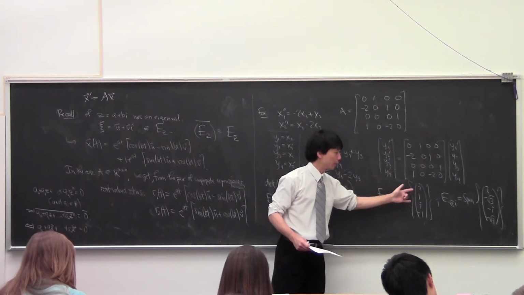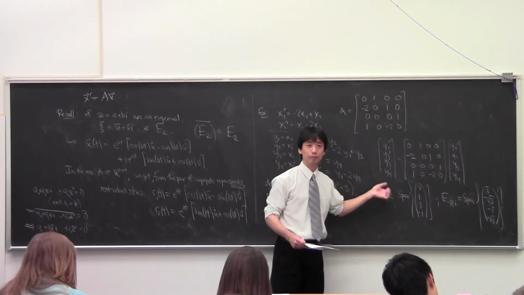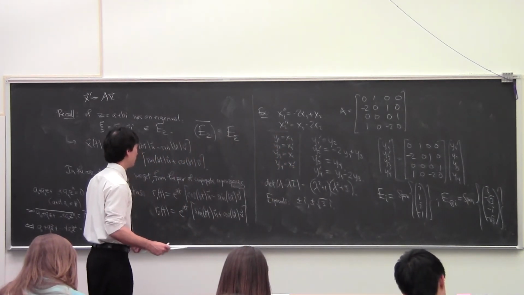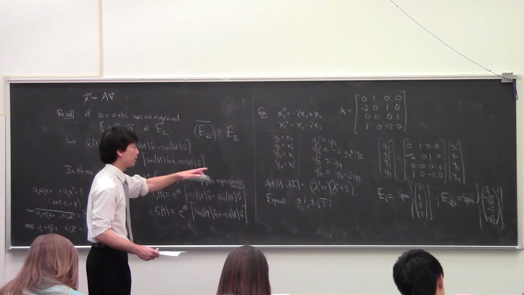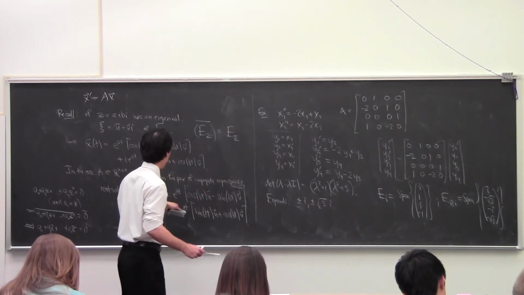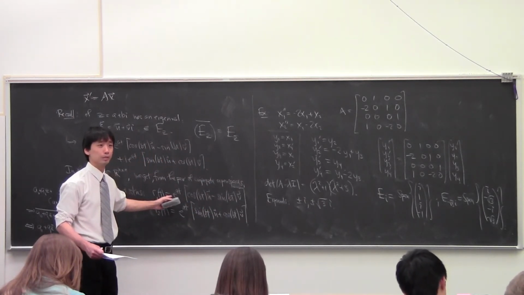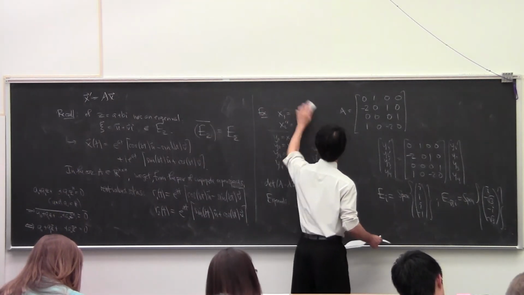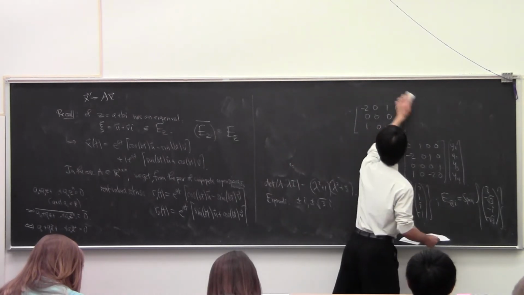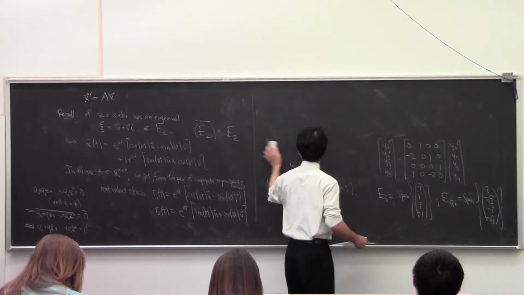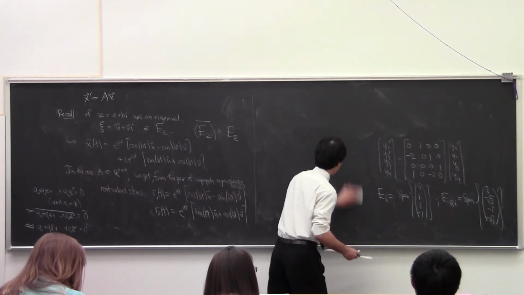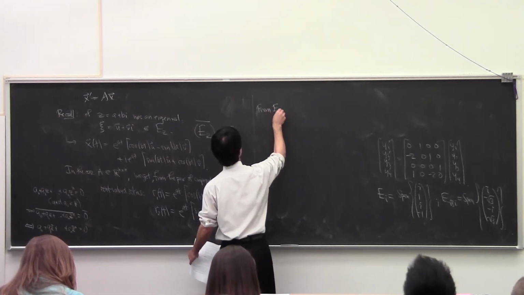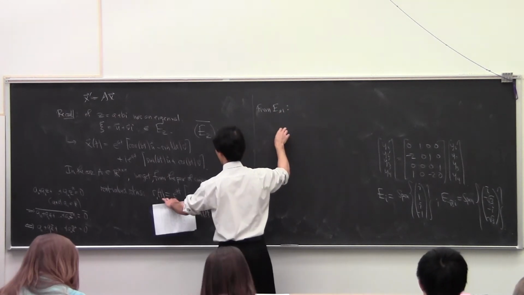So you just take all the imaginary parts and put minus signs on them. You reflect the imaginary parts. And from E sub i and E sub minus i, we will get one pair of solutions.